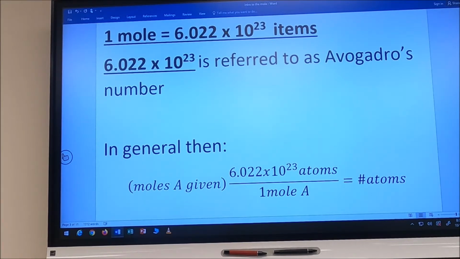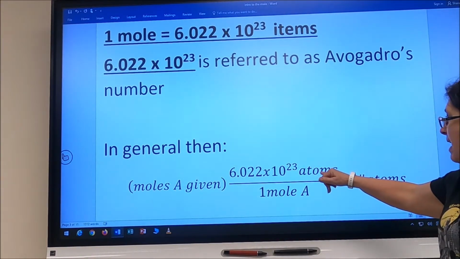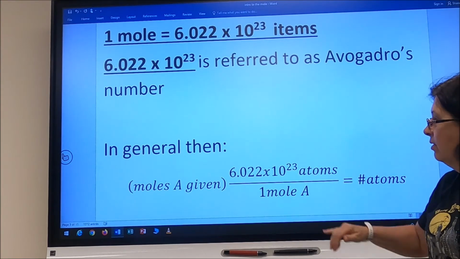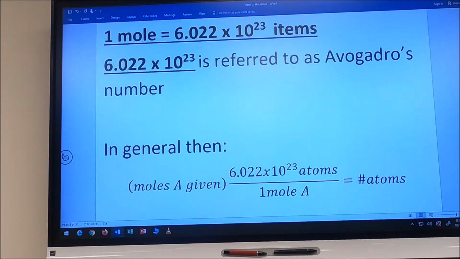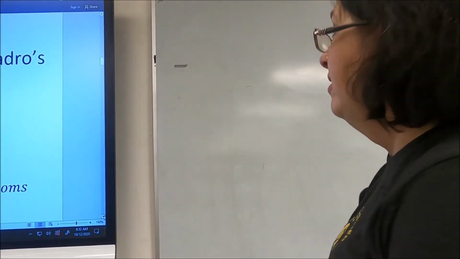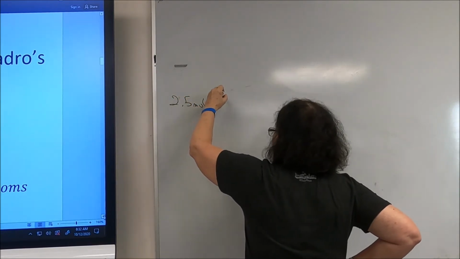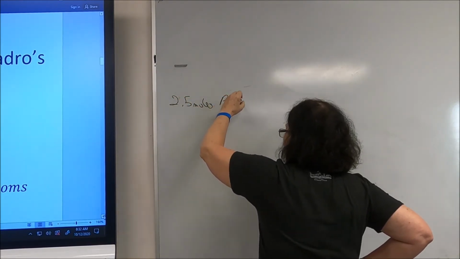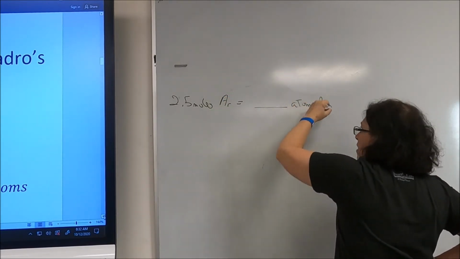So one of the things that we can say now is that if I'm given moles of A, then I can go to atoms of A by using Avogadro's number, 6.022 times 10 to the 23 atoms for 1 mole of atom A. So if we were to do a really simple problem, let's say that you had 2.5 moles of argon, and I wanted to know atoms of argon.